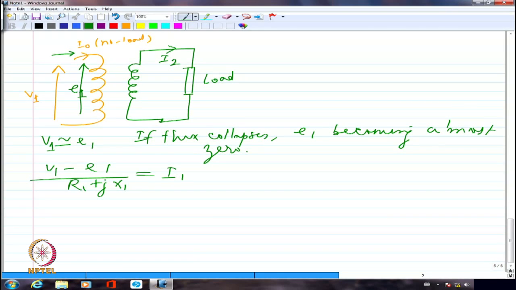And this I1, what I get as the primary current under load condition, will bounce back to such a value that it will be exactly equal and opposite to that of the secondary ampere turns or secondary MMF I got because of the load being connected. The secondary ampere turn was I2 multiplied by N2. This is the secondary MMF.